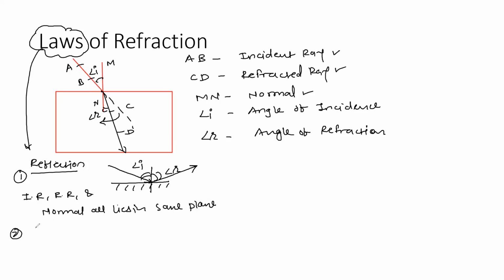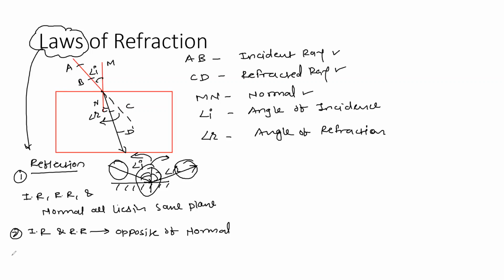Second one: this is my incident ray, this is my reflected ray. Both are opposite to each other. One is on this side, one is on this. Opposite of what? Normal. That's why I say the incident ray and the reflected ray are both on opposite sides of the normal.